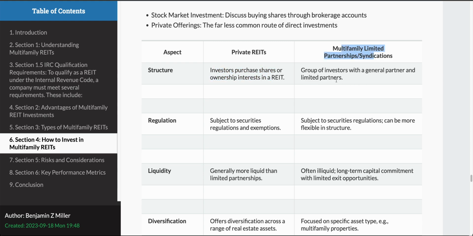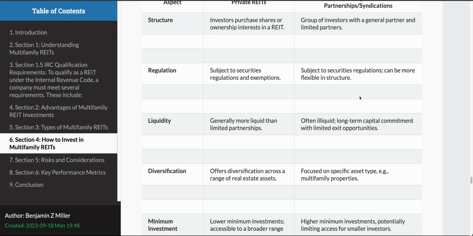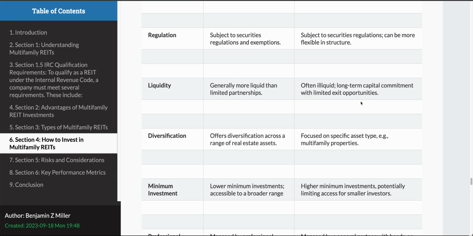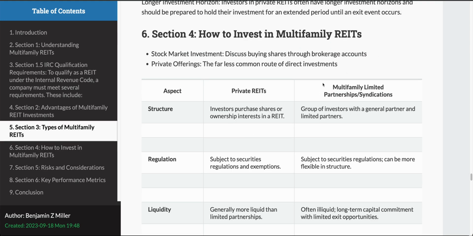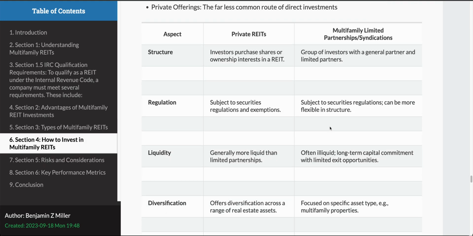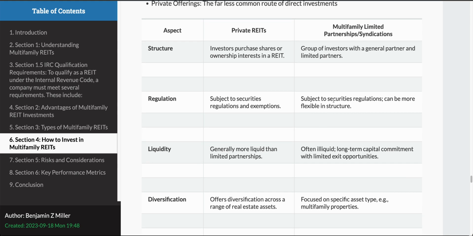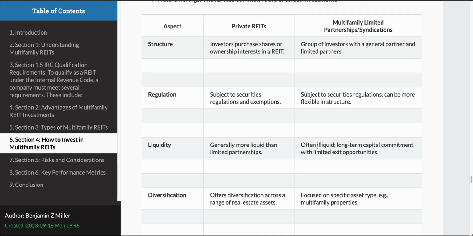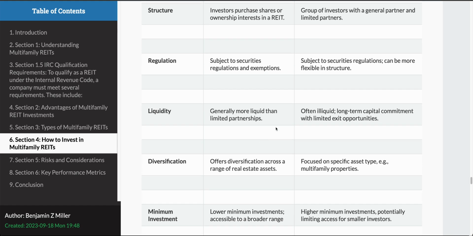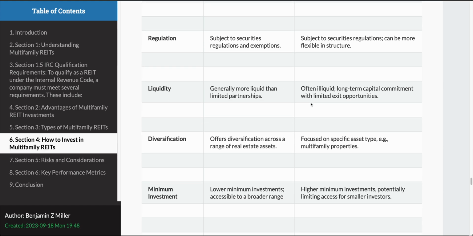With a multifamily, there's a general partner, and then there are limited partners, and the limited partners are the ones that get the preferred rates of return and don't have to do any work. There's regulation. Both private REITs and multifamily syndications are subject to regulation. They both have low liquidity. Private REITs might be a little bit more liquid, but not always.